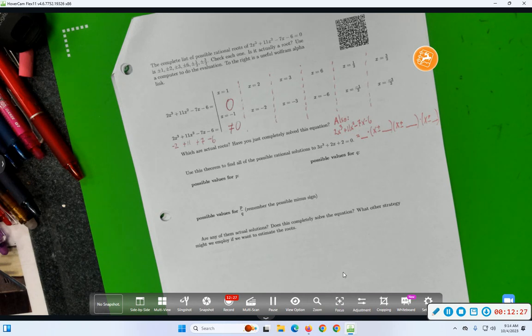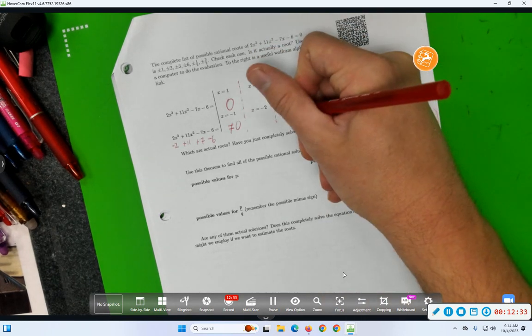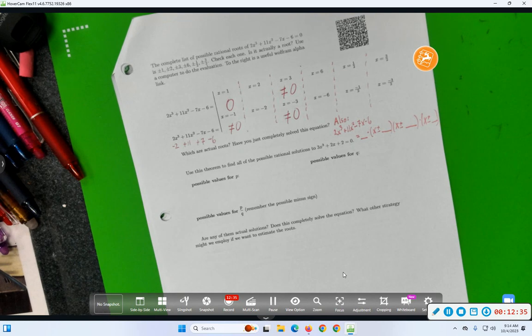Say that more. 3 and negative 3 do not walk. You probably got the actual number, but I kind of don't care what the number is.